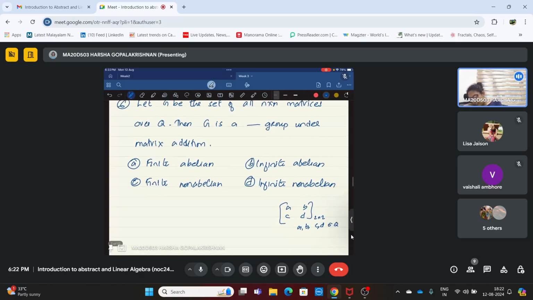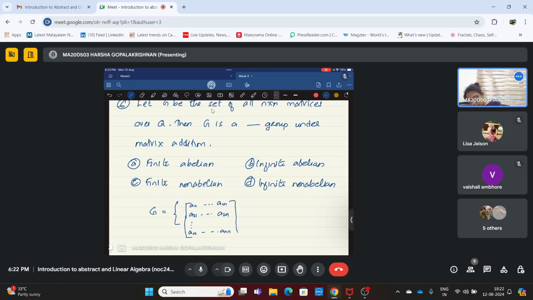Okay, let's first see whether it is finite or infinite. So given G, what is G? Let me write it very clearly. G means the set of all matrices A11 to A1n, A21 to A2n, and so on up to An1 to Ann.